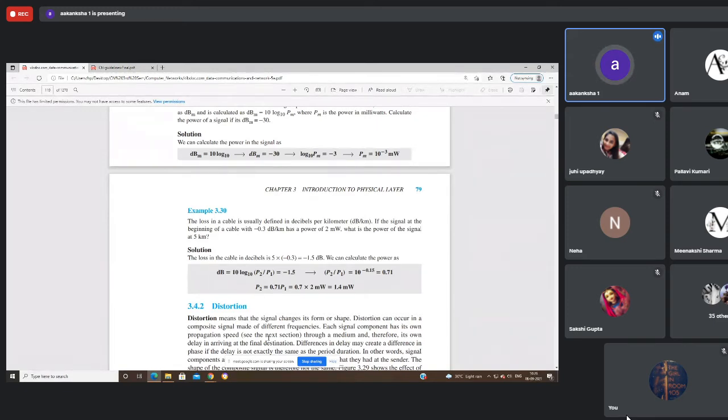I'll give you an analogy from real life. Suppose you are a team, a composite signal. A composite signal has multiple frequency components. Suppose a signal contains 3 frequency components, F1, F2 and F3, and in real life, suppose you are 3 friends, F1, F2 and F3.